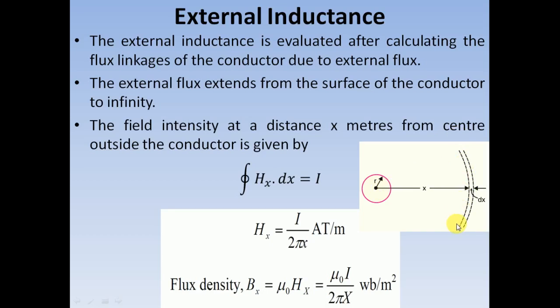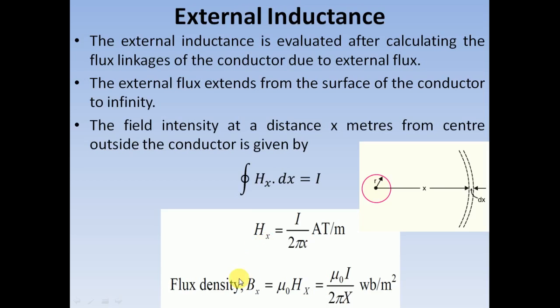So while applying Ampere's circuital law, within this cylindrical section, the only current enclosed is the current flowing through this conductor. The line integral of magnetic field intensity around any closed path is equal to the net current enclosed, and the net current enclosed is equal to the current flowing through the whole portion of this conductor.